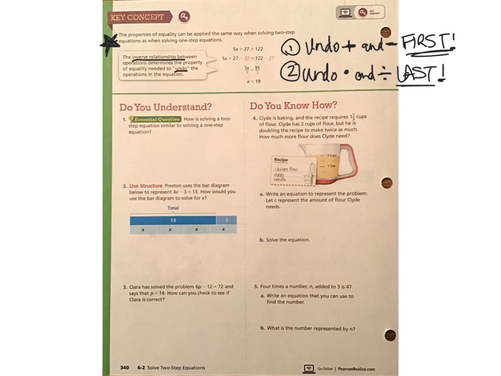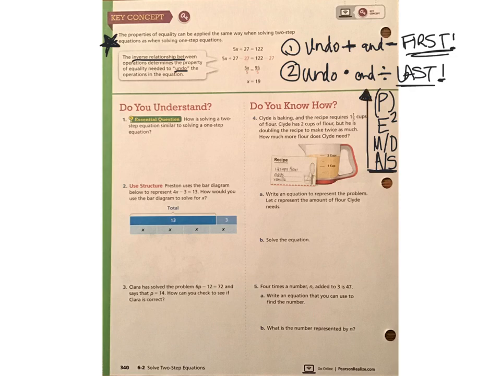Now I want you to think about why we're undoing addition and subtraction first and multiplication and division last. To do that, we're going to go back and take a look at our order of operations, which was parentheses and exponents. Then we had multiplication and division, and then we had addition and subtraction. Essentially what we're doing is working our order of operations from the bottom up to the top.